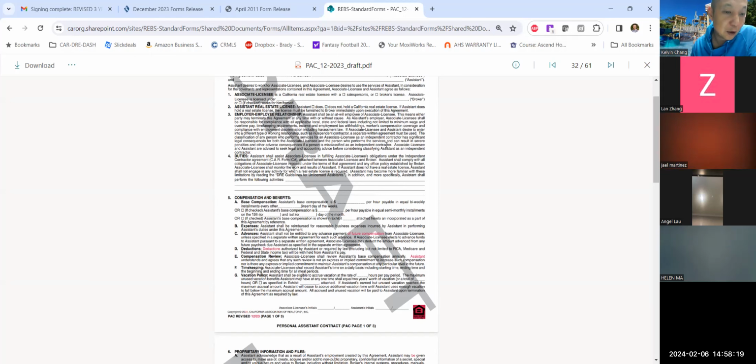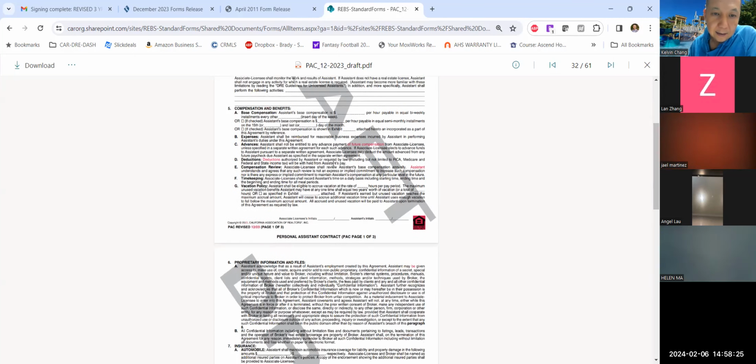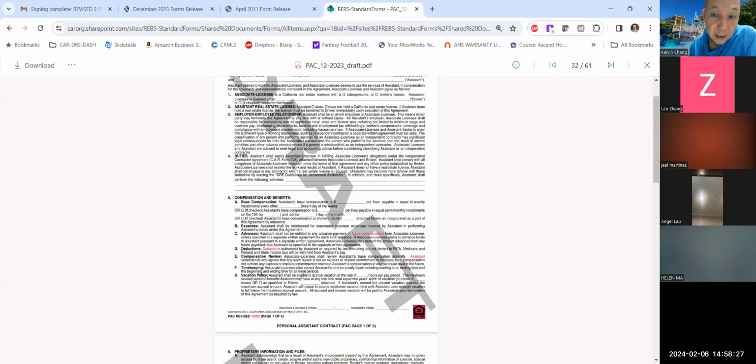All that stuff, which we don't like to do. Make sure you're doing your duties within the tests of independent contractors. Lastly, make sure you and your unlicensed assistant read the DRE guidelines for unlicensed assistants. You can find this very easily. Just Google it and you'll find the DRE, Department of Real Estate guidelines. Okay?